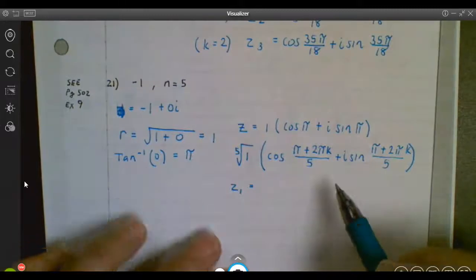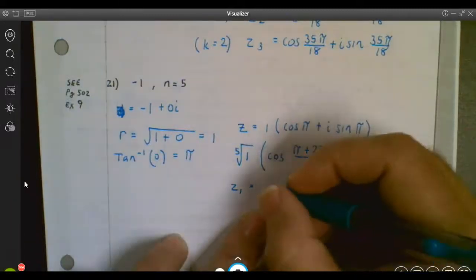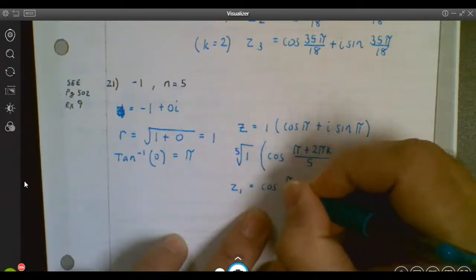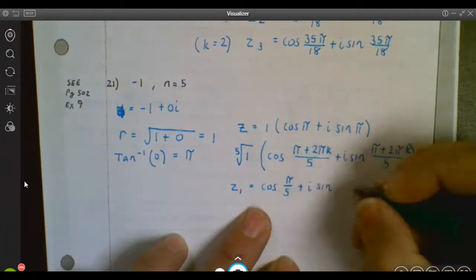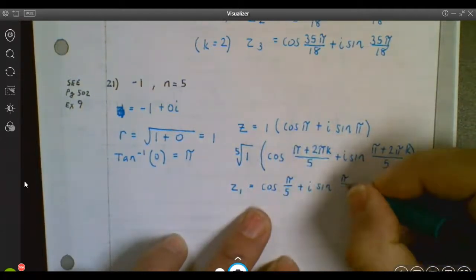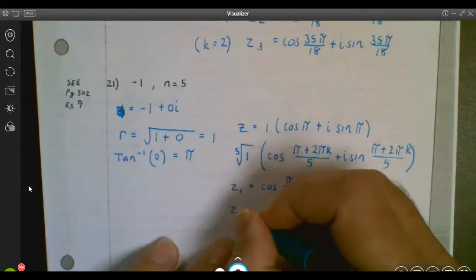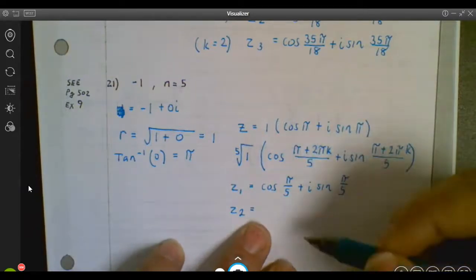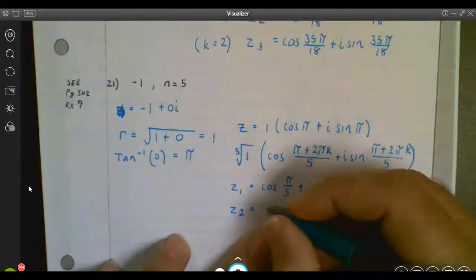So if I did plug in a 0 for this, I'm just going to get the cosine of pi over 5. Piece of cake. Let's plug in a 1 for k to get our second root. So if you plug in a 1 right there, pi plus 2 pi is 3 pi over 5.